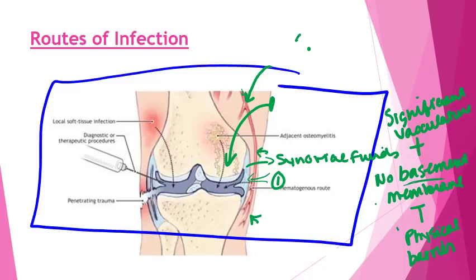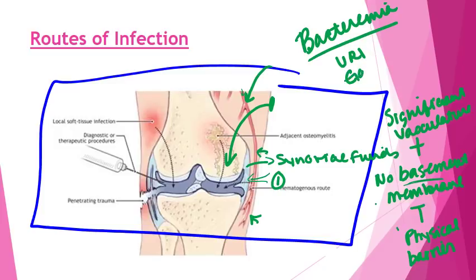Typically, patients are going to get bacteremic from all of the other reasons we've talked about throughout the curriculum for getting bacteremic. So an upper respiratory infection, a gastrointestinal infection, or even, we've seen it with bowel perforations, we've talked about that a little bit. And also skin infections, right?